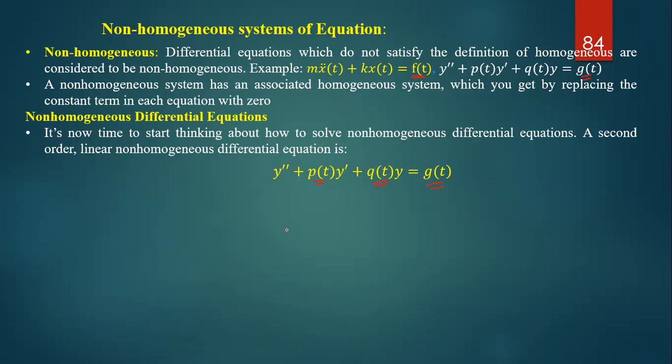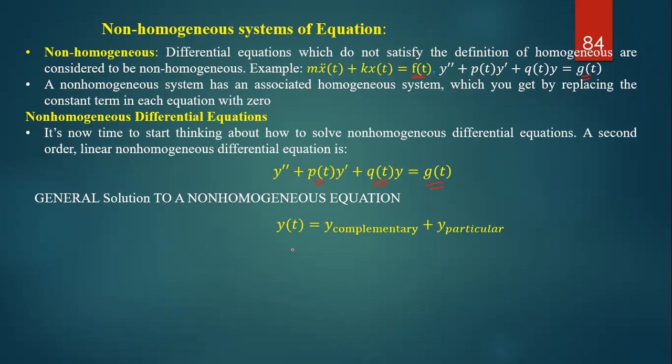The general solution to the non-homogeneous equation becomes y of t equals y complementary plus y particular. This y complementary is the solution of the homogeneous part of the equation.